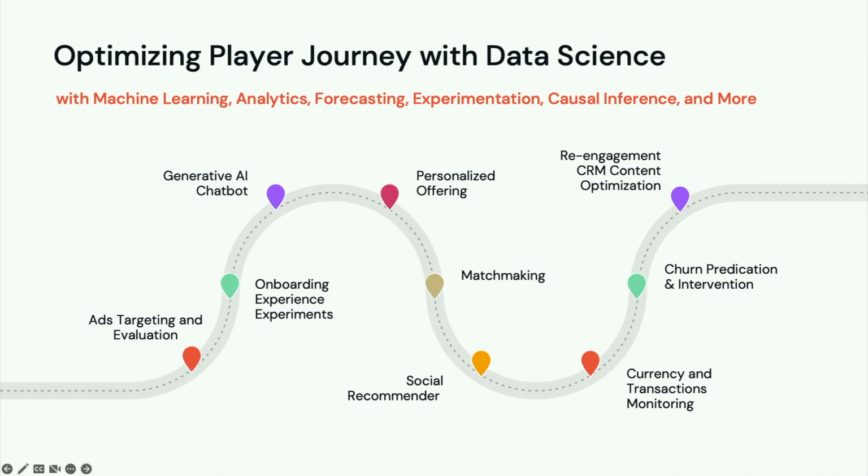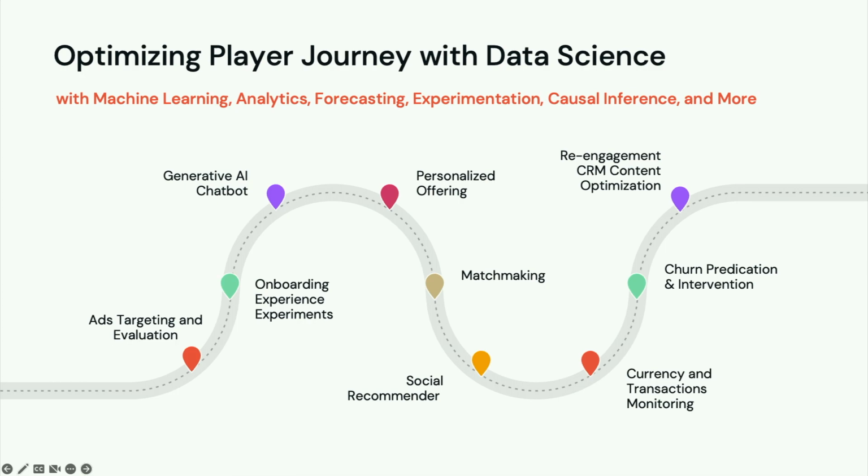We can also have a generative AI chatbot to help players learn how to master the game. And we can use machine learning to provide personalized offerings to the player to purchase a certain item to get them equipped for the game. And definitely we can match players to other appropriate opponents or teammates to enjoy the game together.